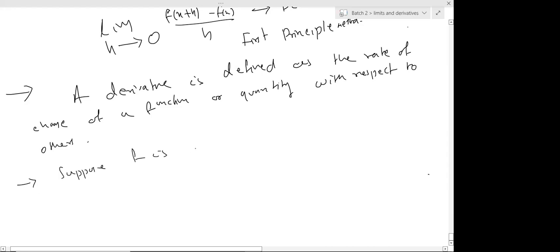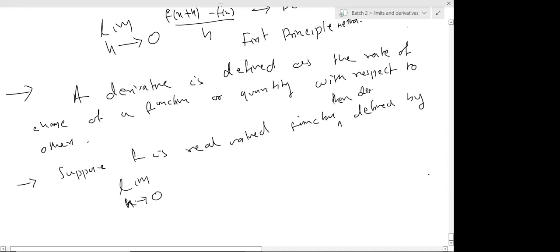Suppose f is a real valued function defined by limit h tending to 0, then derivative is defined by limit h tending to 0 f of x plus h minus f of x upon h.